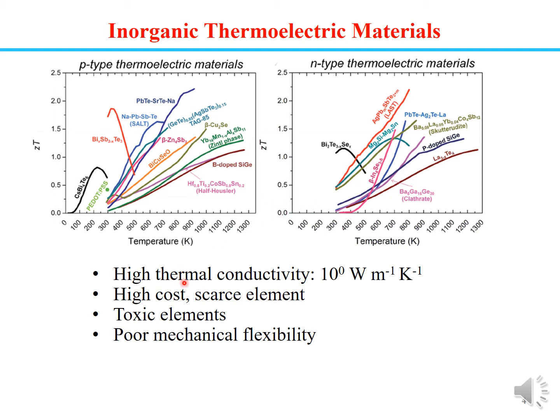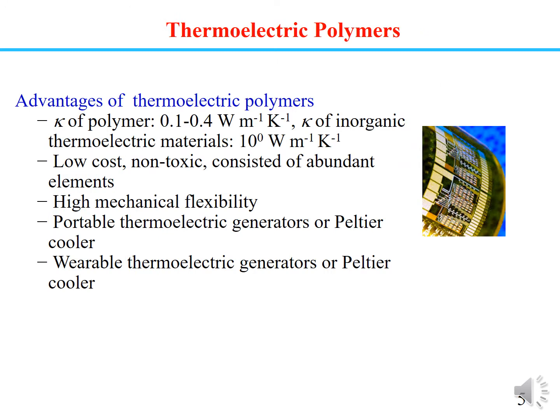For example, they have high thermal conductivity. They are usually expensive, and they consist of rare elements or even toxic elements. In addition, they have poor mechanical flexibility. Thus, they are not good materials for flexible electronics.